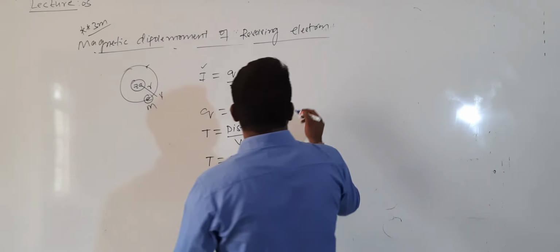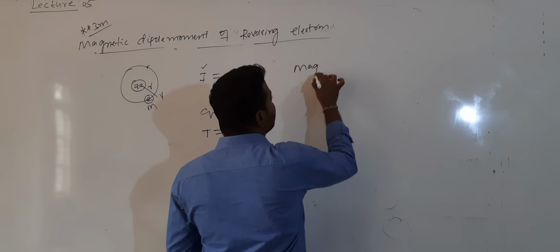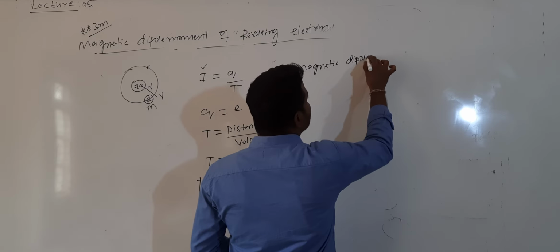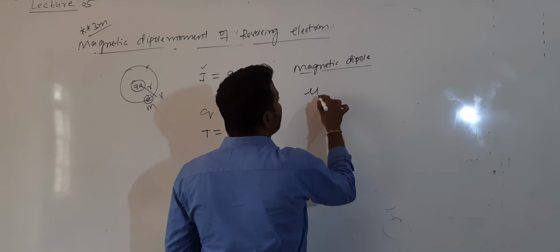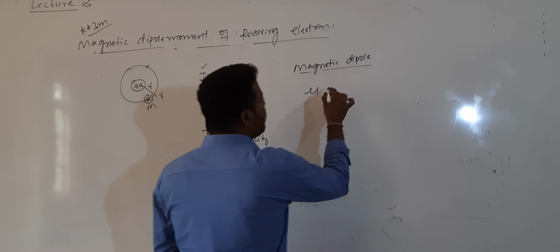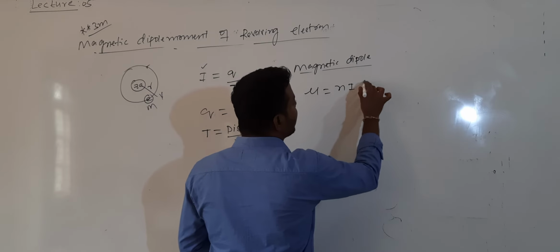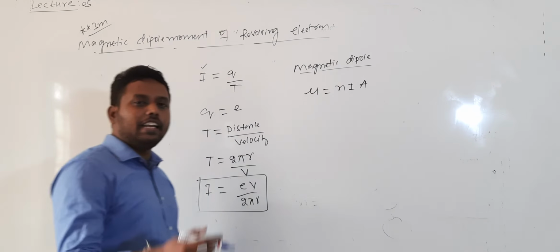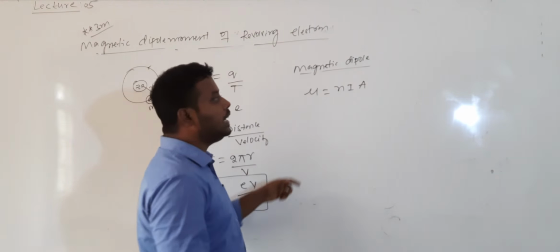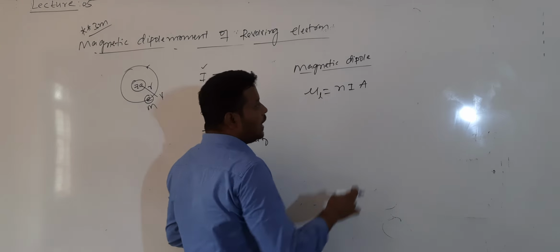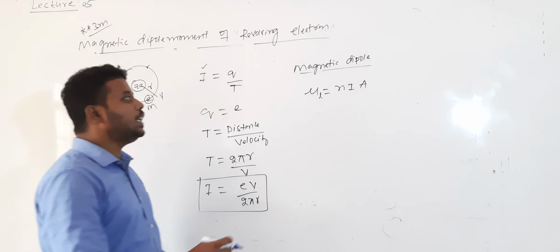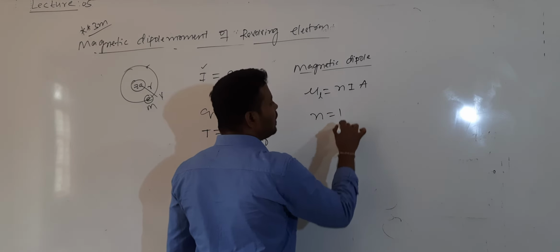Now I want to calculate the magnetic dipole moment. The magnetic dipole moment of a revolving electron, I call it mu L. The magnetic dipole moment formula is N into I into A. In the last topic I wrote it as capital M, but for the electron I call the magnetic dipole moment mu or mu L. N into I into A. Here N is the only unknown term.